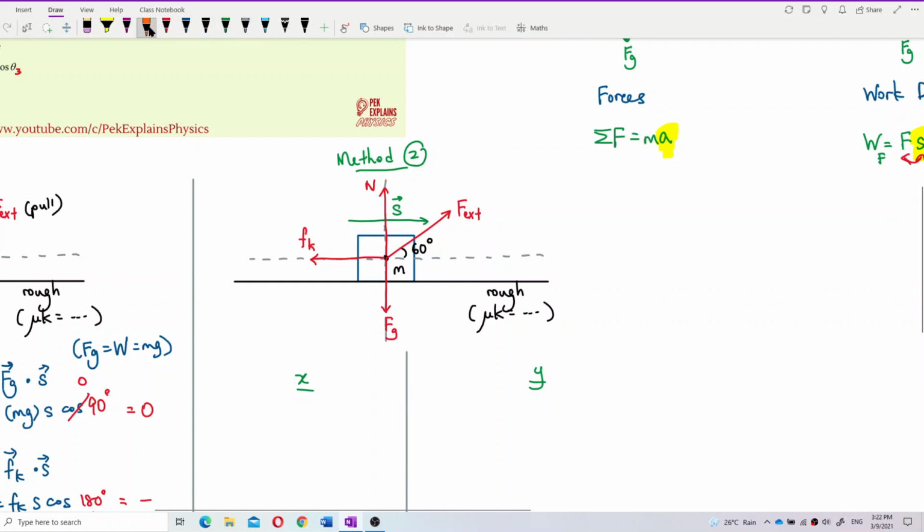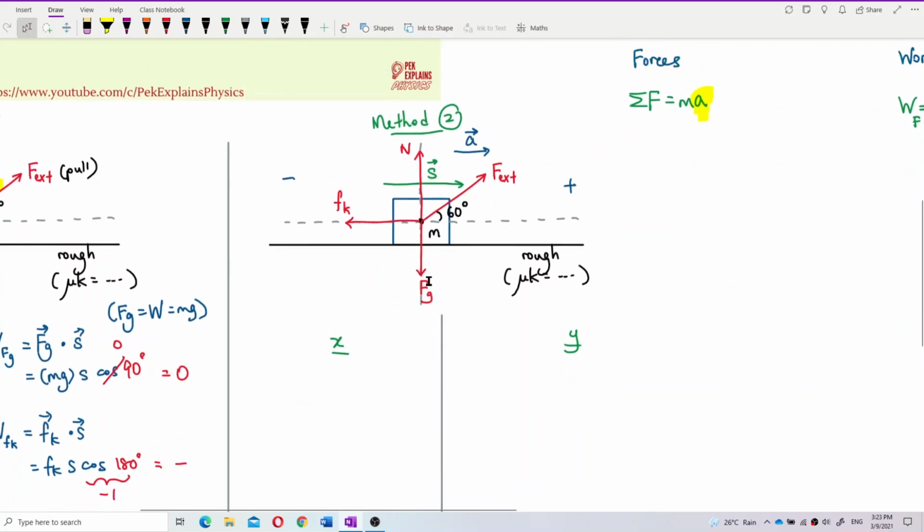So write the acceleration first, to the right. That means force to the right is positive, and force to the left is negative. Okay, like that.